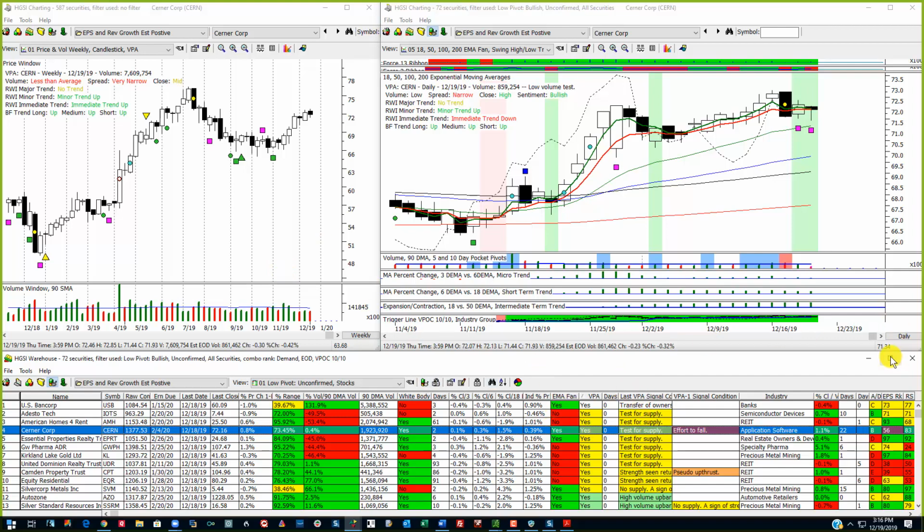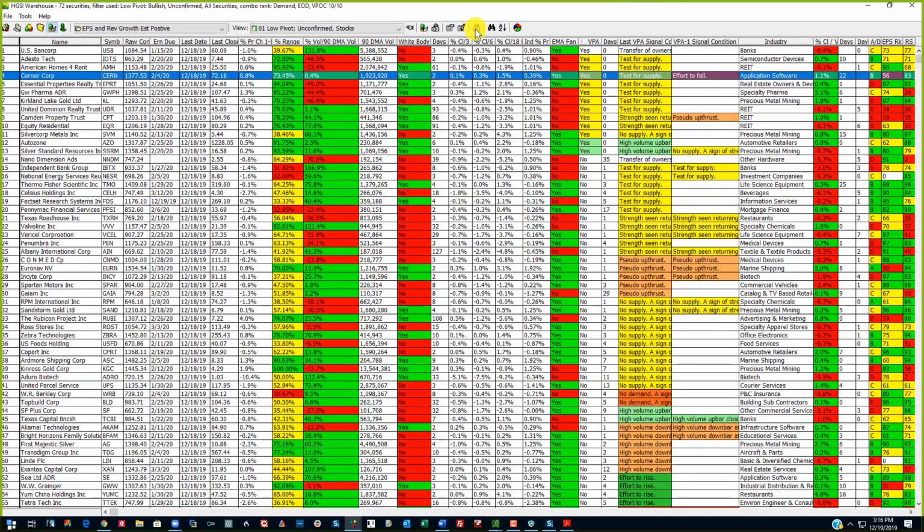I'm not finding exactly what I want to find, but let's do this. This is another trick you can use, and I have shown this before. This may seem confusing to you, but it's really not. You turn off the combo, and what that does is it keeps my end of day combo, which is showing the stocks in demand, but I've changed all that because I'm sorting on these other things.